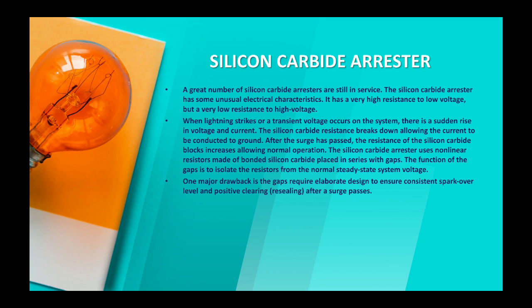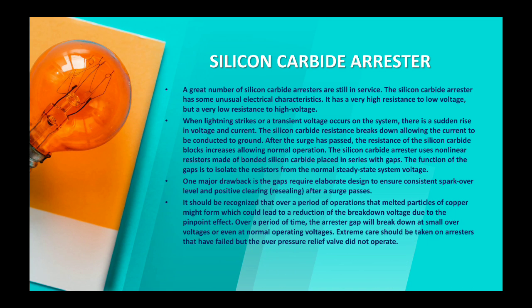One major drawback is that the gap requires elaborate design to ensure a consistent spark-over level and positive clearing after the surge passes. It should be recognized that over a period of operation, melted particles of copper might form, which could lead to a reduction of the breakdown voltage due to the pinpoint effect.